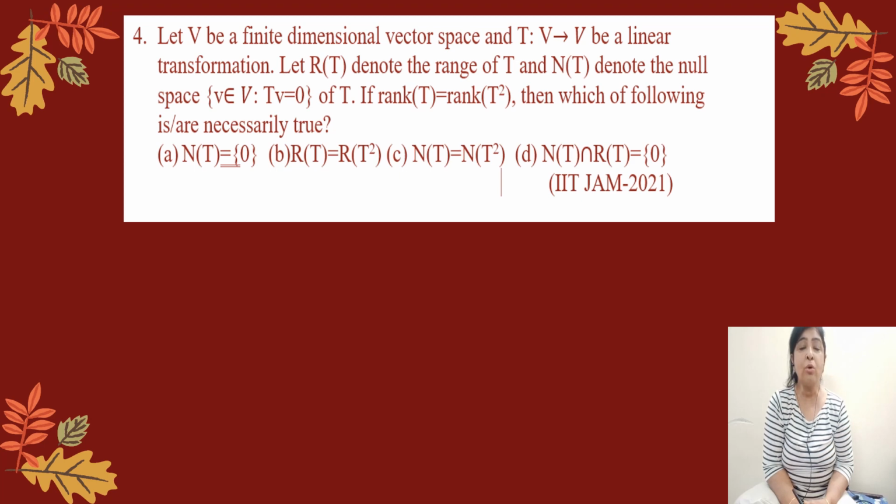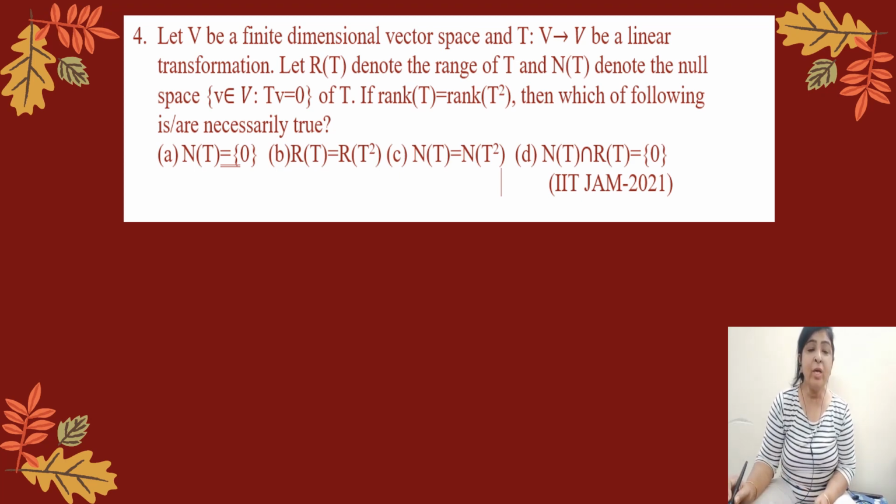Which one is not true? The options: null space of T is equal to 0, range of T square, nullity of T is equal to nullity of T square, nullity of T intersection range of T is equal to 0. So this question was asked at IIT JAM in 2021.